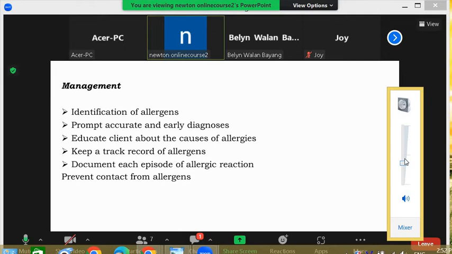We can't know the problem just from the signs, for example tingling or itching. We cannot tell that all the signs and symptoms are related to that.